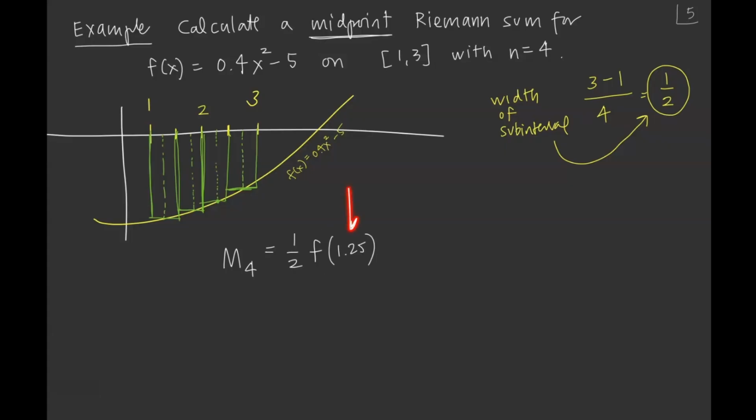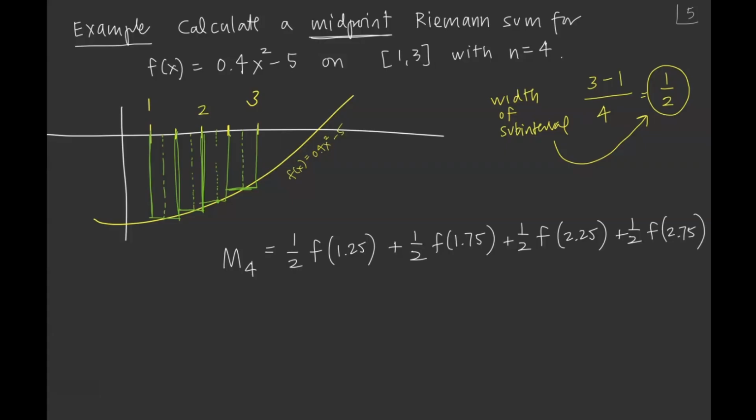This was the midpoint between 1 and 1.5, that first interval. And then to that we'll add 1/2, the width of the second interval, times the function evaluated at 1.75. And then 1/2 times the function evaluated at 2.25, and 1/2 times the function evaluated at 2.75.